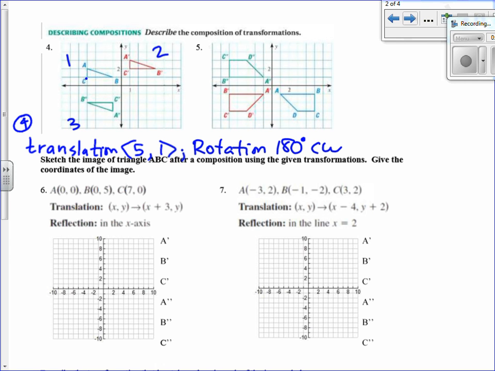Okay, number 5. Look out, so this is 1, this is 2, this is 3. So from 1 to 2 is a reflection across what? Reflection over the y-axis, very good. And then the next one, reflection over x.